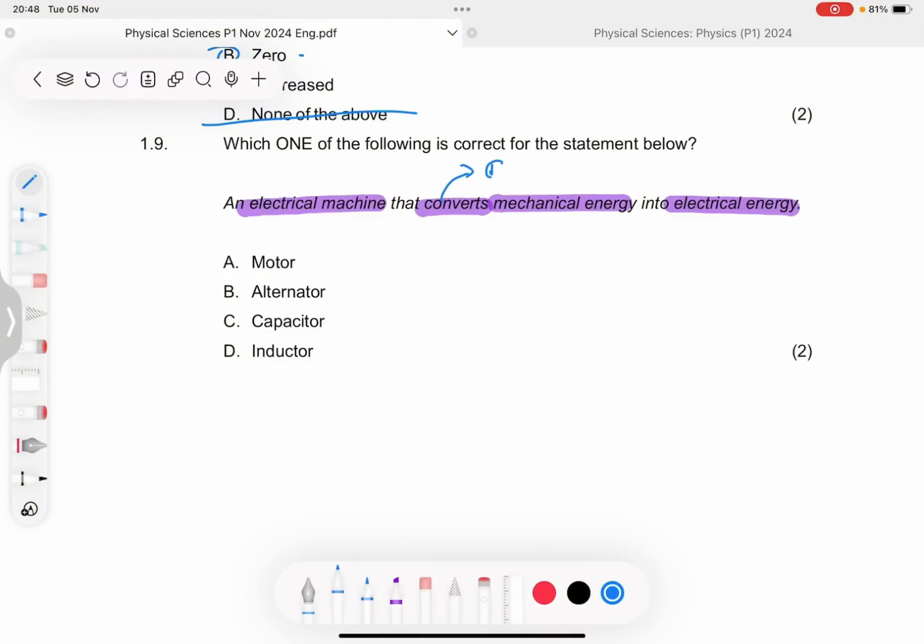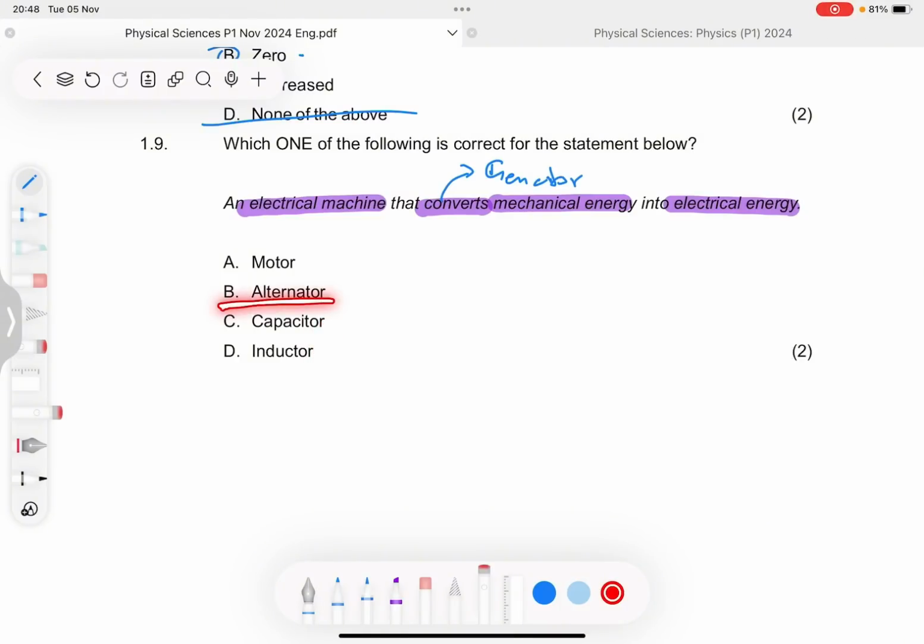We expect our answer here to be a generator, because we all know that the generator converts mechanical energy into electrical energy, right? We know that from our understanding of motors and generators. Now, if we look at our options, it cannot be a motor, right? It cannot be a capacitor, it cannot be an inductor as well.